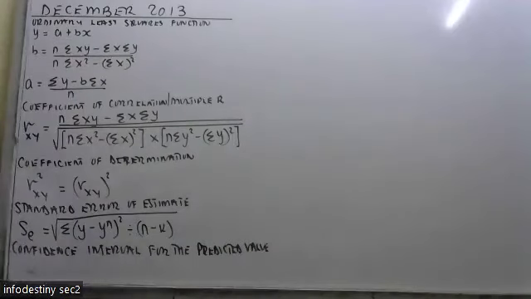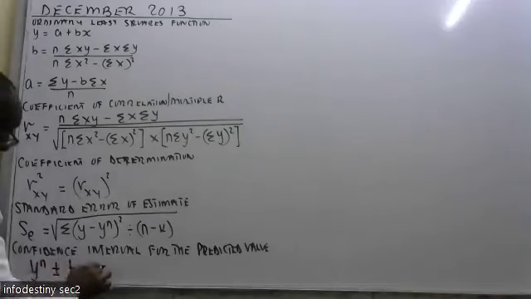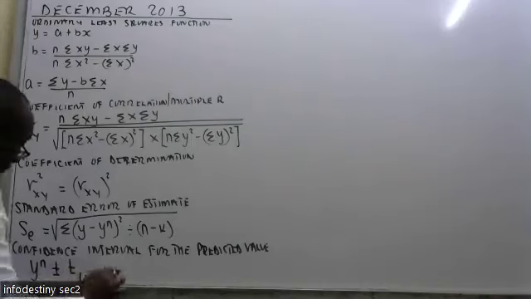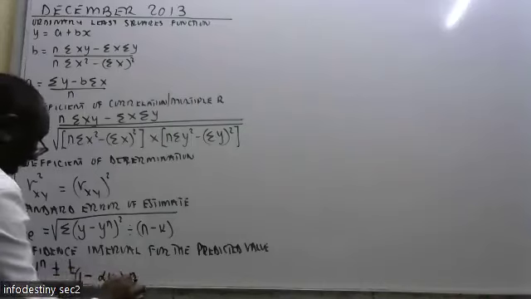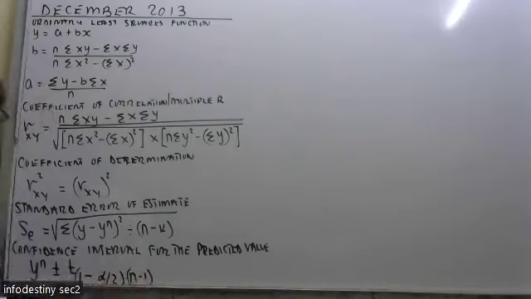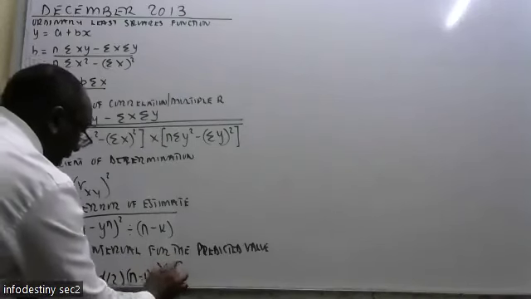So if it is for the predicted value, same here you give us y predicted plus or minus t critical, 1 minus alpha out of 2, n minus 1, you multiply by SE.